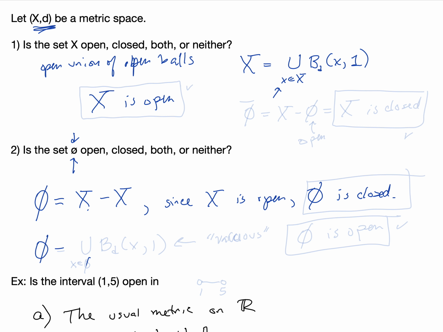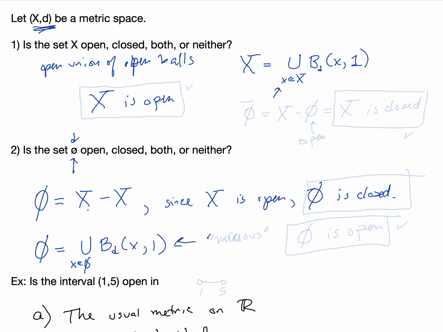So the empty set we could think of as the union over nothing, the union over x in, say, the empty set of the balls of radius, again, say 1, about the point x. That is a finite union, a union of 0 things, right?